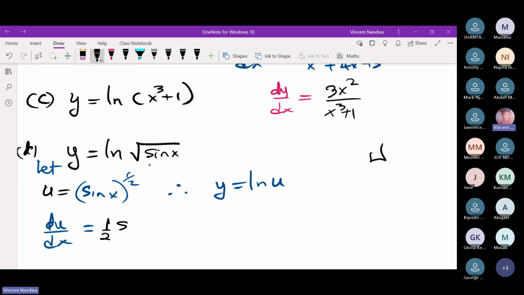Then I'll have sine of x to the power a half minus 1, which is minus a half. Then when I differentiate sine x, I get cos x. So this will be the solution. So remember, this has been obtained by chain rule.